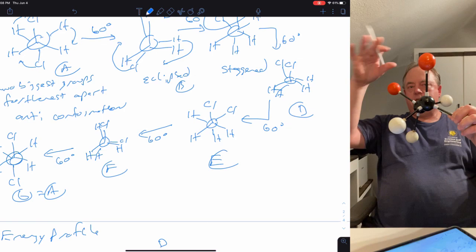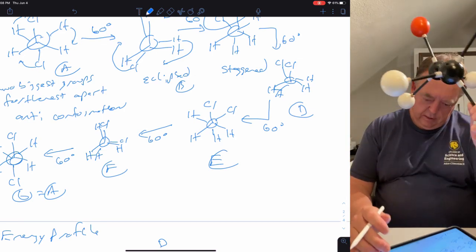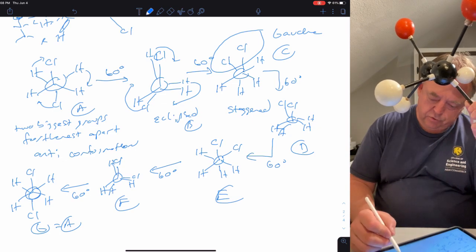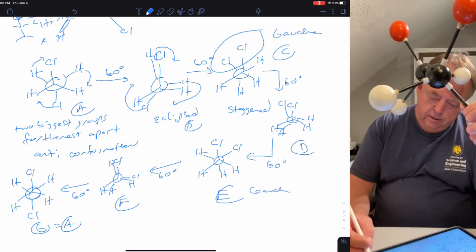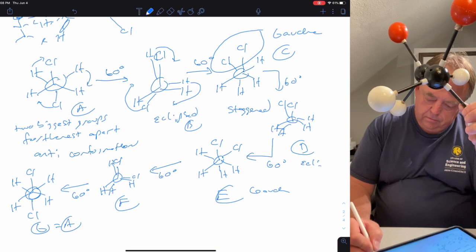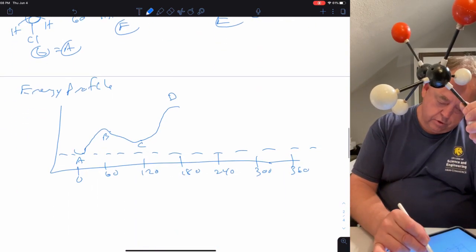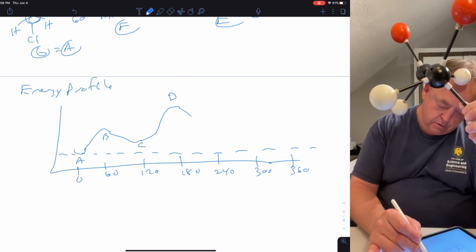Because all of the interactions are the same. So E is equivalent in energy to C, and you're back to a gauche. And so D is the least stable eclipsed. So 60 more, you go back down in energy, equivalent to C.